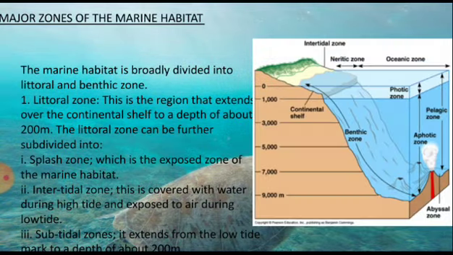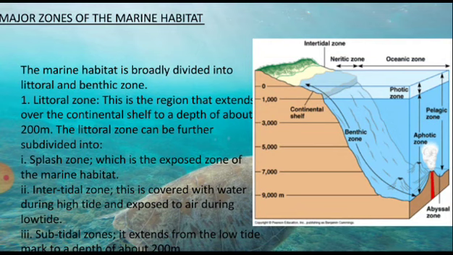Now let's look at the major zones of the marine habitat. The marine habitat is broadly divided into littoral and benthic zone. We'll look from the picture we have here.